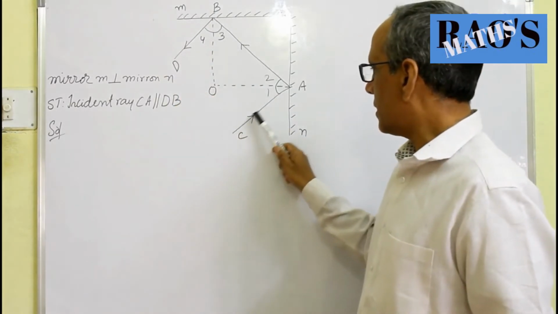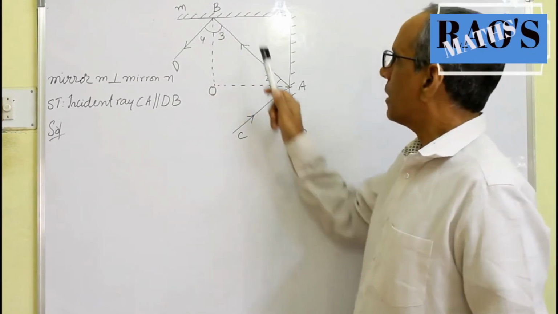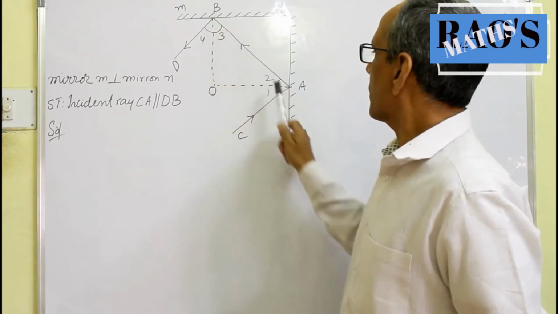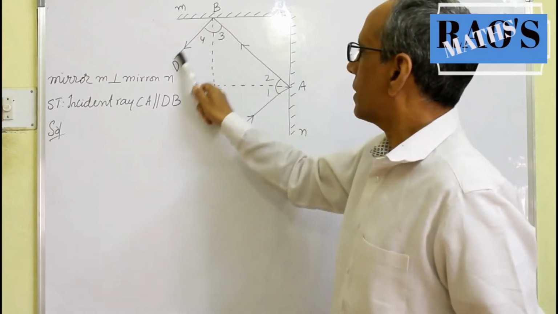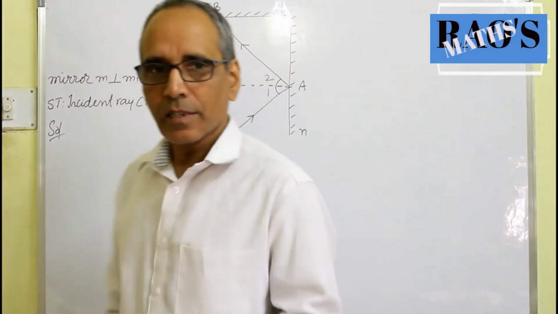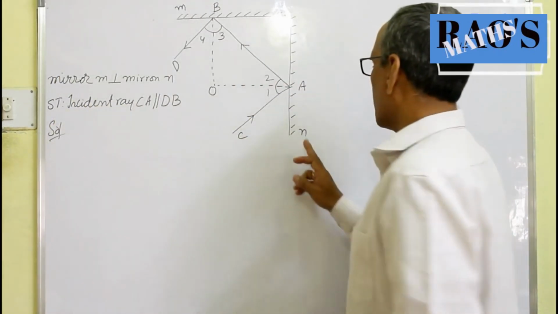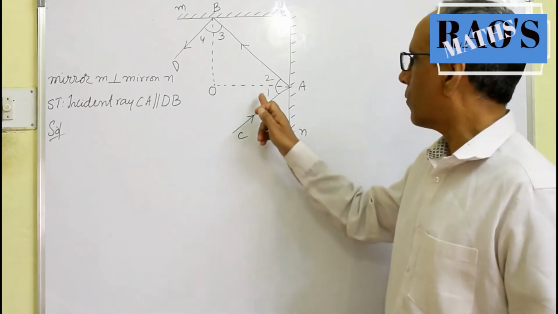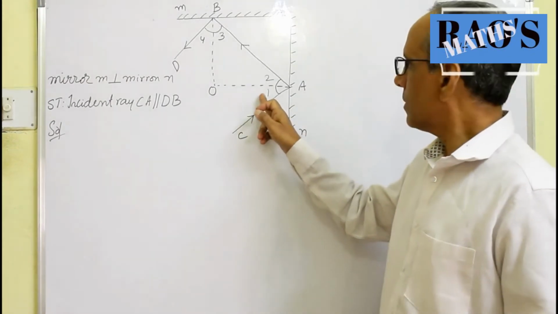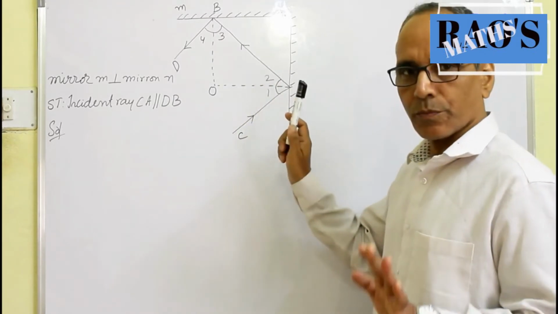This is the incident ray and reflected ray for mirror N, and for mirror M, this is the incident ray, this is the reflected ray. We know the angle of incidence and angle of reflection are equal in measure. For mirror N, 1 is the angle of incidence and 2 is the angle of reflection. So angle 1 is equal to angle 2.